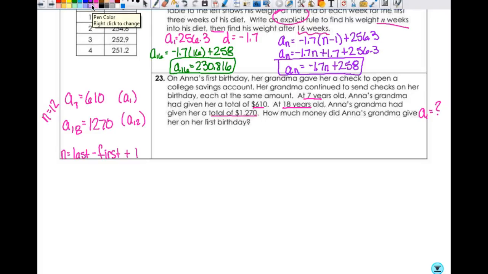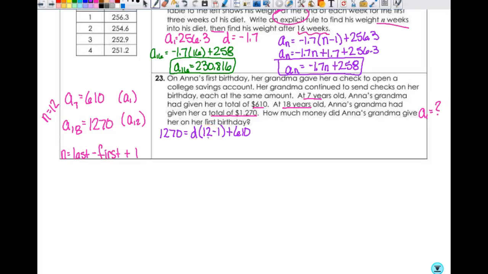A12, basically, or A18, I'm using that 1270, is equal to D, which I don't know, times 12 terms here minus 1, that's why N is 12, plus the first term that I'm using, which is 610. That's why, although this is 18, I'm using 12 there.